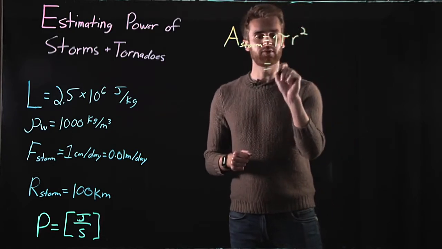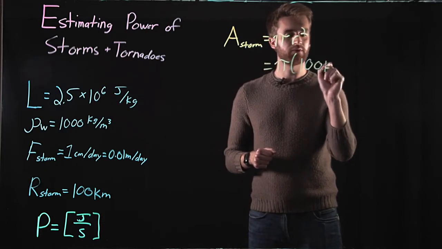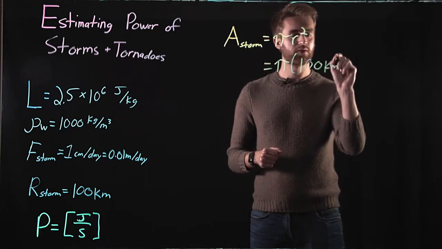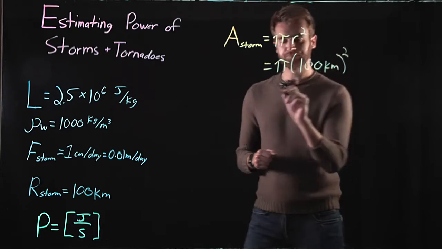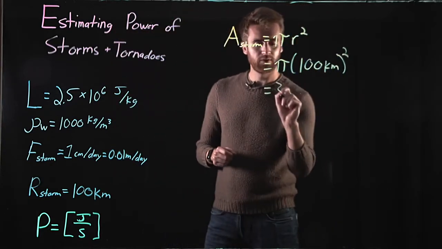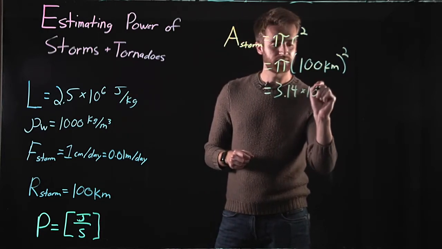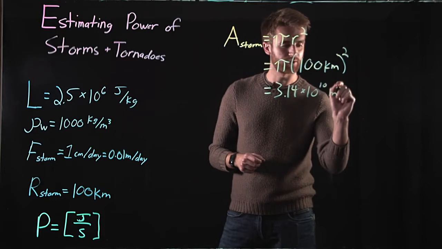And that is just pi times 1,000 kilometers squared. And so that gives us 3.14 times 10 to the 12 meters squared.